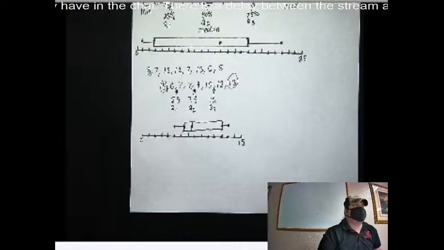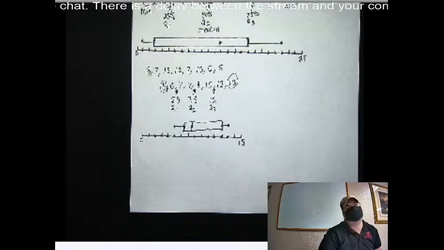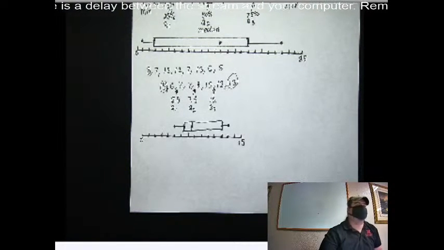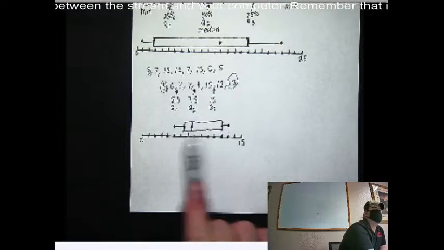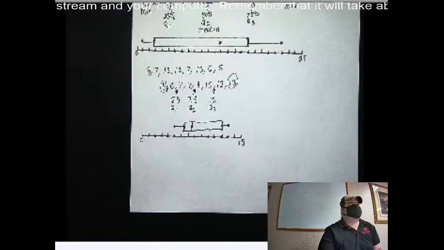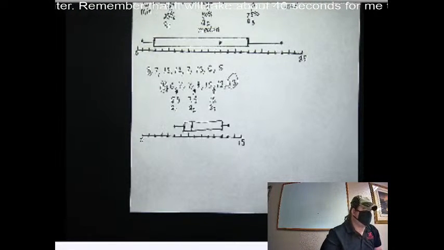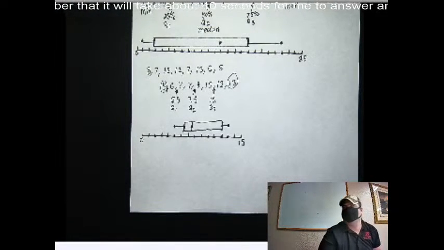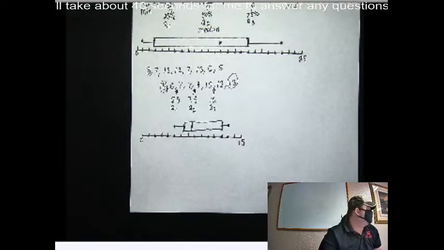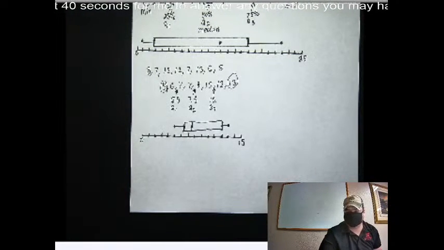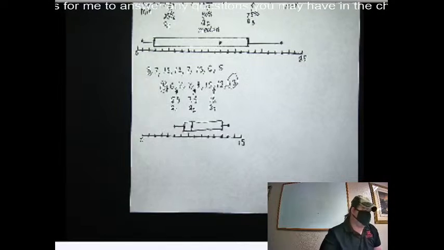But because we know that data does not follow that kind of trend, or at least not usually, we need to be able to understand how our data is actually arranged in relationship to other data points. And so that's why we have these box and whisker plots. Any questions? Okay, good.